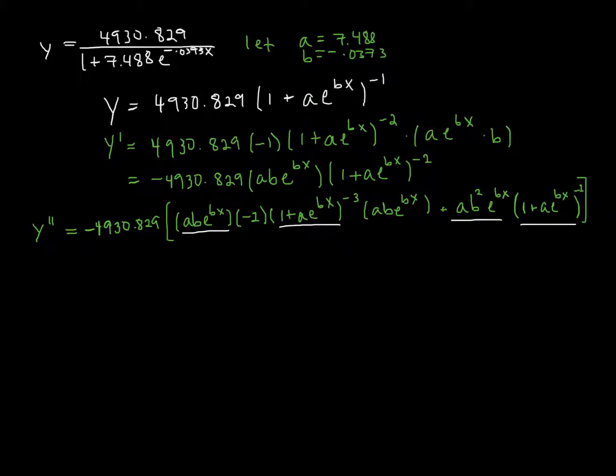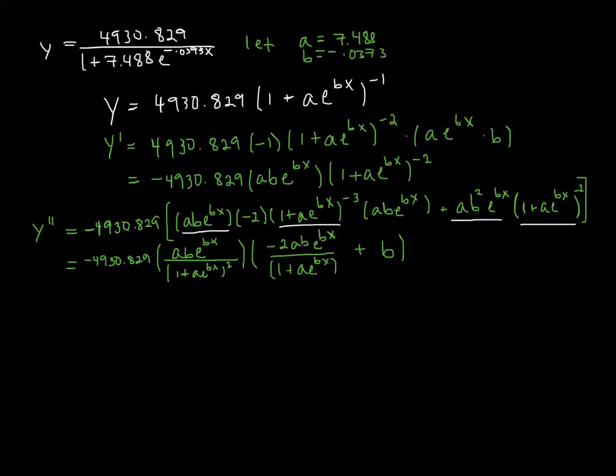And so what I'll be left with is a negative 2ab e to the bx and a 1 plus a e to the bx to the negative 1. And then over here, I'll be just left with plus 1. Okay, so there's what we have left over.